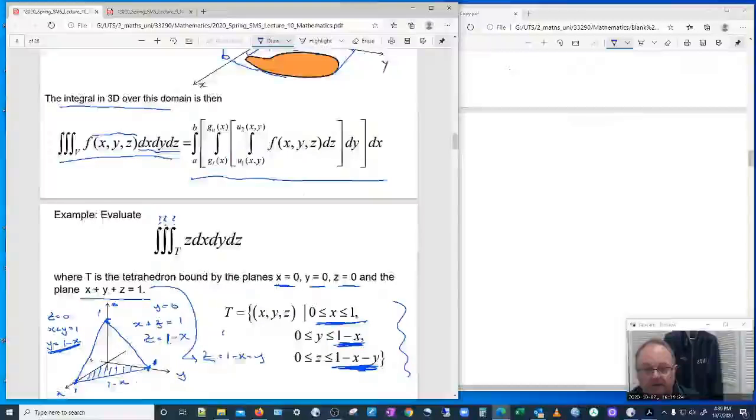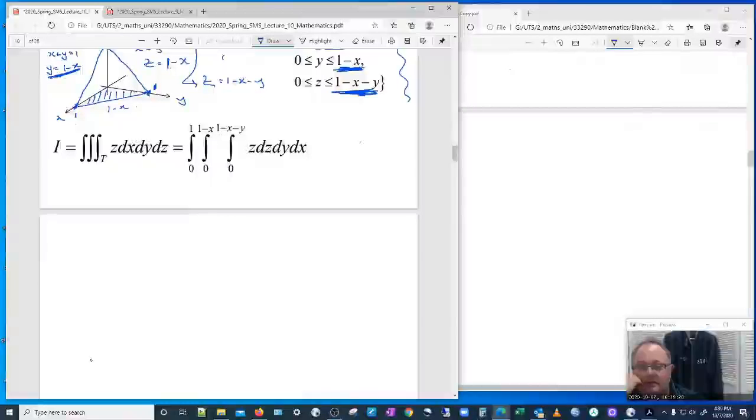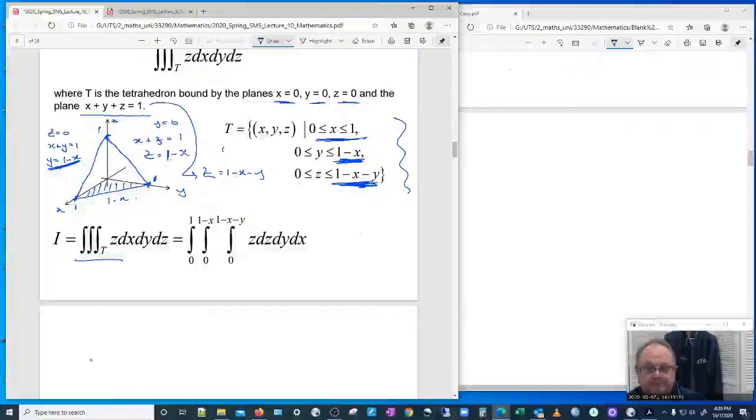So the integral for this one looks like this. There's our z dz dy dx as our z function, and then we've got our integration limits added.